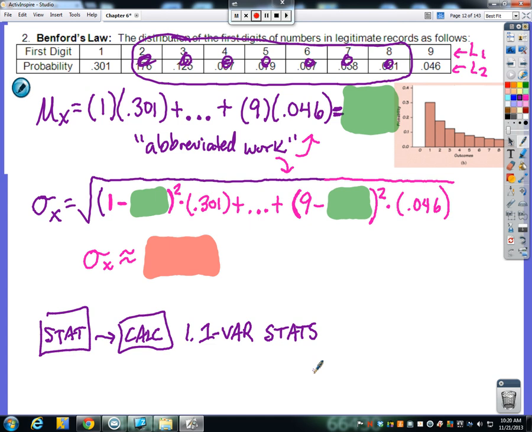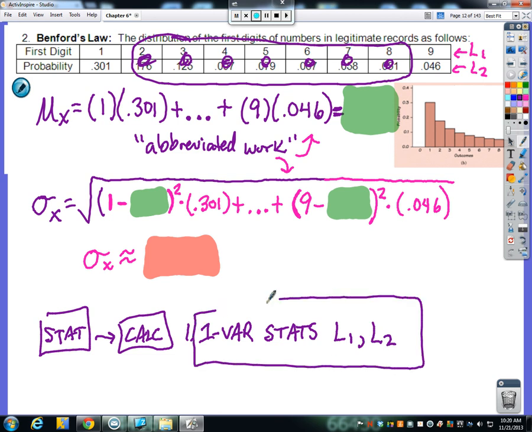If your calculator just pops up and says 1 variable stats, and that's it, like there's no table, there's no kind of menu feature that's asking you to fill stuff in. If it just says 1 variable stats, then what you need to do is click second 1, so list 1 pops up, and then comma, second 2, the shortcut for list 2. So if this is the only thing that's on your calculator screen, you're good. And go ahead and press enter.